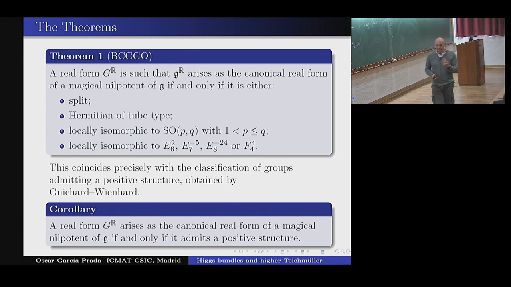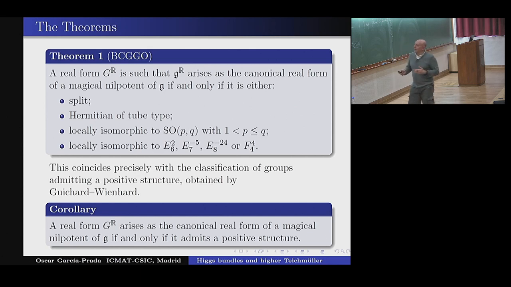It's also very interesting to observe that some real groups do manifest as canonical forms for various nilpotent elements. Or, from the point of view of positivity, that some real groups admit several positive structures. So there are various parabolic subgroups that do appear.